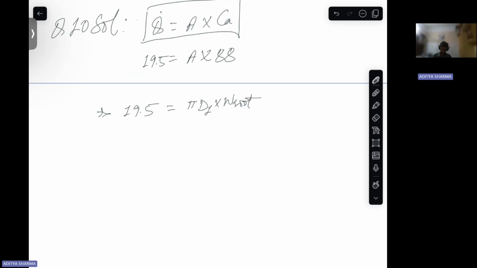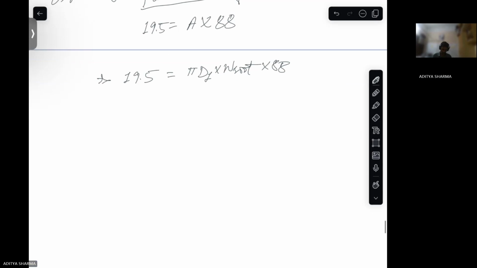Because this is 2 pi r and then this is something like length w root, into 88, then 19.5 equals pi into 0.24 into w root. We need to find out the width at inlet.